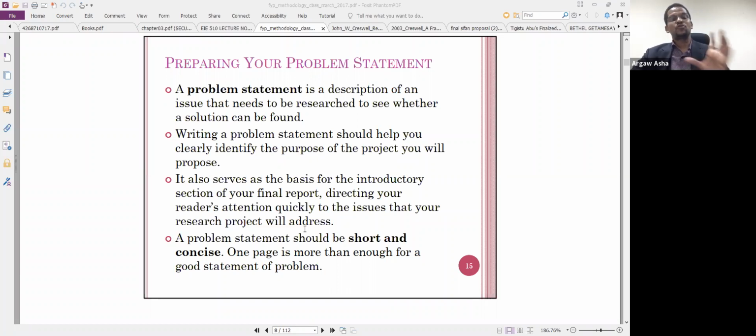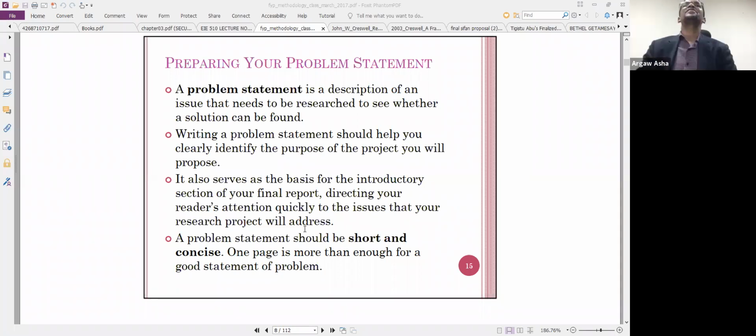That means the problem statement, as said earlier, comes from your problems, problems that may be solving for the societies, or could give some contribution to the academic society. So you can focus on those areas. It is a basis for the introductory section of your final report.